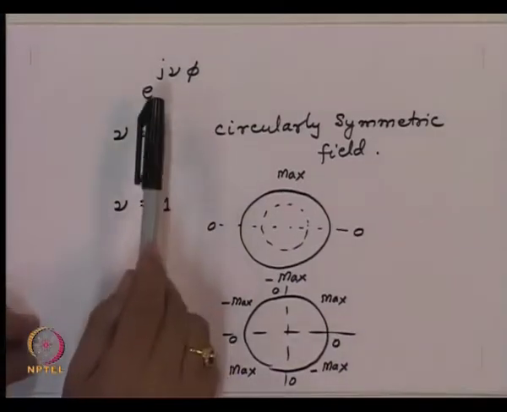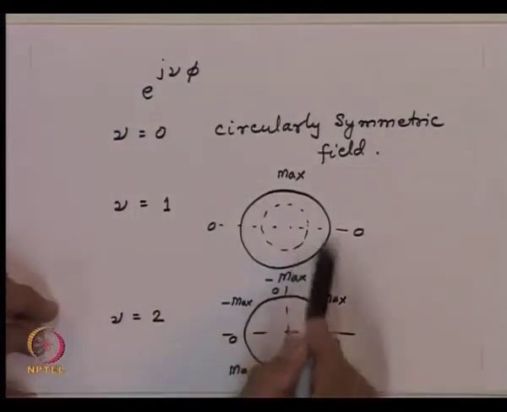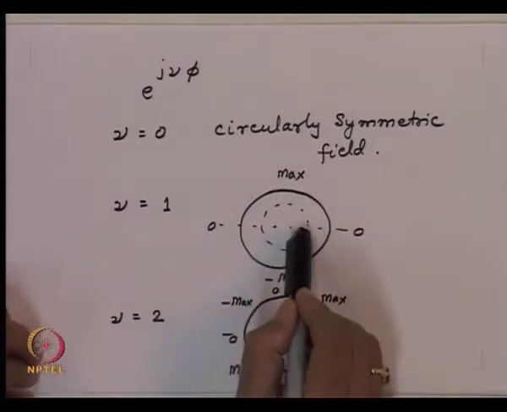So this index nu is essentially telling us how the field amplitude is going to vary in the azimuthal direction for a given value of r and given value of z.